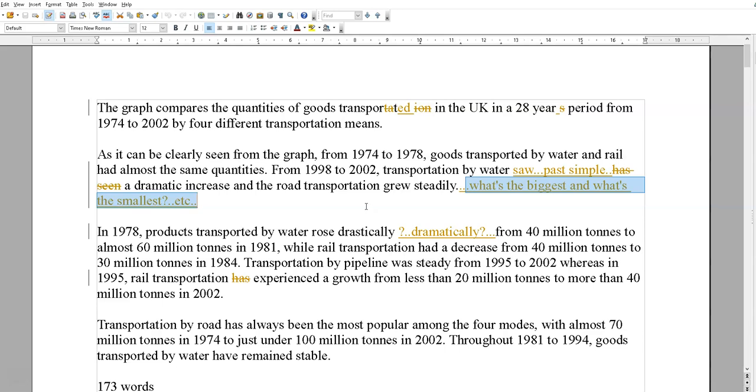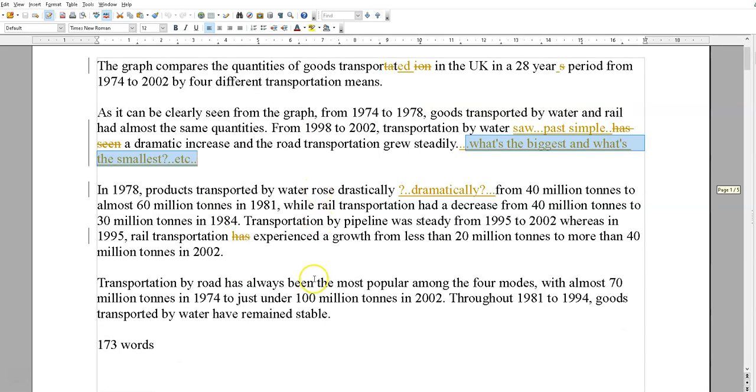I've shown it to you on several occasions, but for task achievement for writing task 1, you must clearly identify, label the key trends or features for a good overview score. That's how it works. So what's the biggest? What's the smallest? Okay, so that doesn't quite work there.